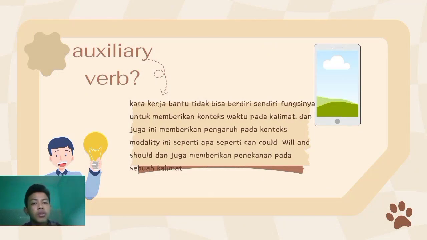Its function is to provide time context in the present, past, future, or past future. I mentioned that earlier, and this also has an influence on the modality context. This is something like can, could, will, and should, and it also puts emphasis on the sentence.